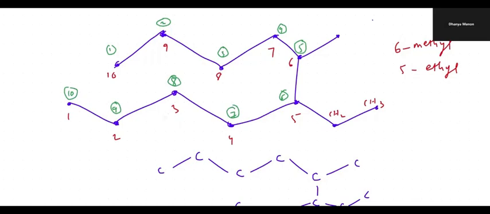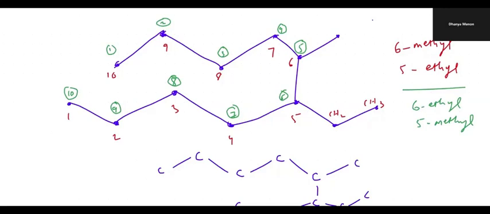Let's check out the 6th position ethyl group and the 5th position methyl group. So for both of them, the first point of difference is the same. In this situation also, you will use the alphabetical order because the first point of difference is the same.